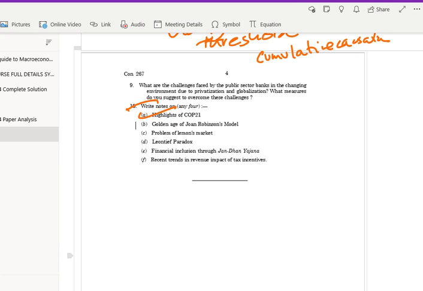Like public sector banks in India face a myriad of challenges in the context of privatization and globalization.